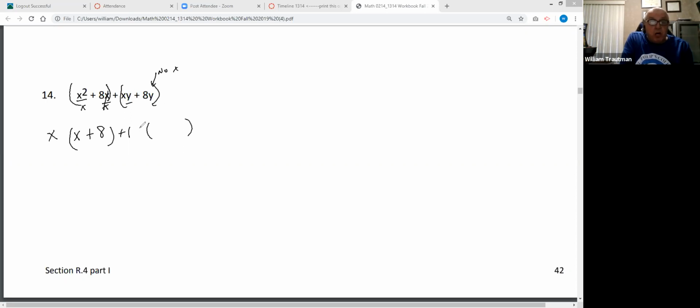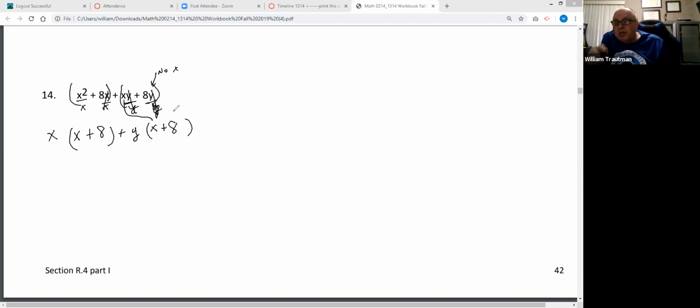They both have a y, so I'm factoring out 1y. Instead of factoring out 1y, you're just factoring out y. 1y is y. If I divide both of these by y, the y's cancel and turn into 1, and I'm just left with x. 1 times x is x. Here, this is a y also. The y's cancel, and we have an 8.